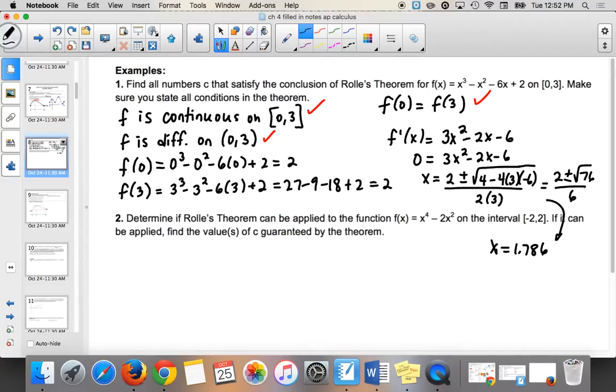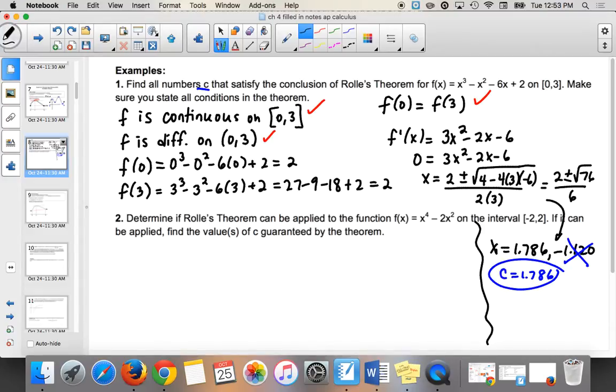And when I plug in the negative root 76, I get negative 1.120. But that's not there, it's on an interval. Exactly. It's not on our interval, so we cross it out. So our solution, our value c that satisfies, would be c equals 1.786. That's our answer.